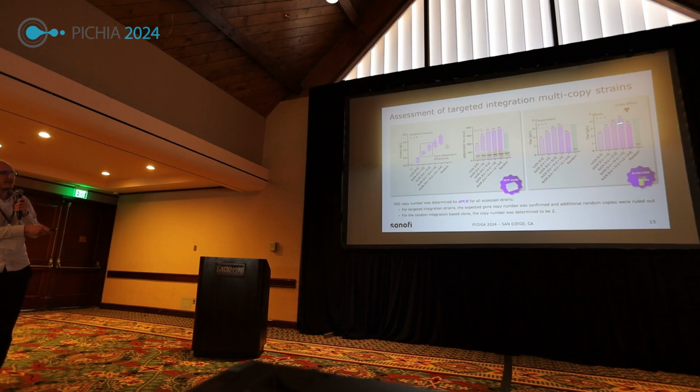So I think we have already identified good working integration loci with that, so that the 2 copy number strains from random integration and targeted integration perform the same. But I think that already shows that when you have a pool of clones that you put into your screening, and the best performing clones only have a copy number of 2, you can just select the best clones out of that pool.